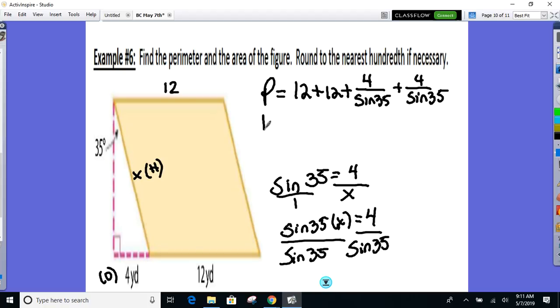Now, if we want, we can round to the nearest hundredth. I'll wait for you guys to calculate that. Make sure you're in degree mode in your calculator if you've been playing around with it, having a little fun on the weekends.